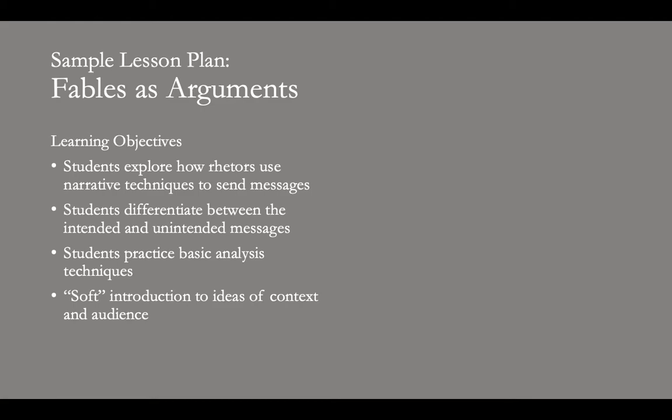I also do a soft introduction of ideas like context and how social and cultural context affects meaning and how audience affects meaning. So to start with context, for example, say we're talking about the fable Little Red Riding Hood, right? Most modern readers or viewers encounter this fable and go, oh, her mother tells her to stay on the path. She disobeys her mother and goes off the path, gets everybody eaten by a wolf, right?